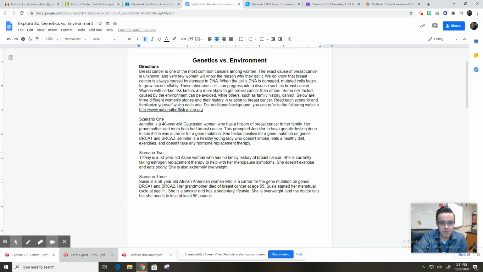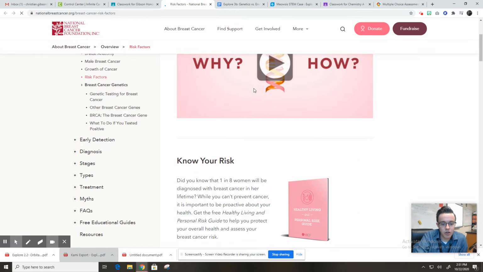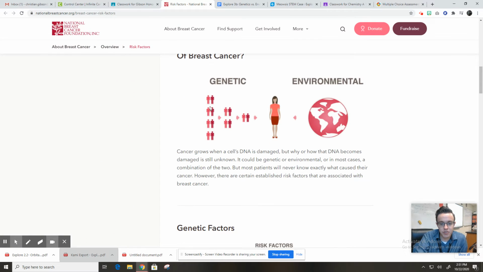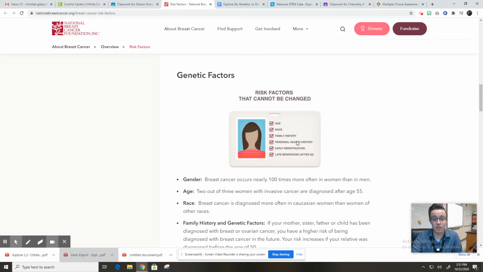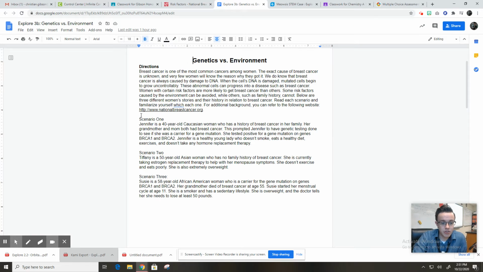And there's this website that I've actually linked here talking about the risk factors and the genetic versus environmental risk factors for breast cancer. Okay. And you're going to need to pull information from this website. Okay. For today. So it gives you three scenarios. One is about Jennifer, one is about Tiffany, one's about Susie. Okay. You're going to read those scenarios.